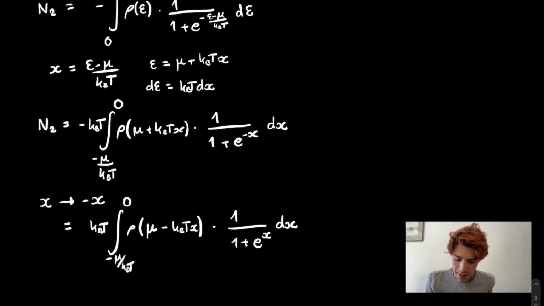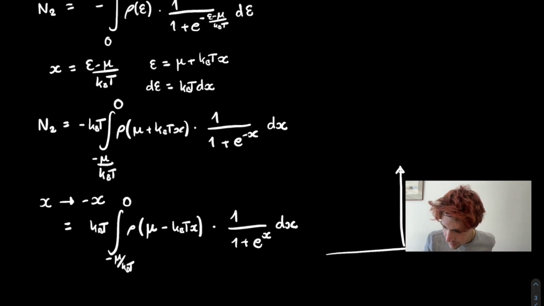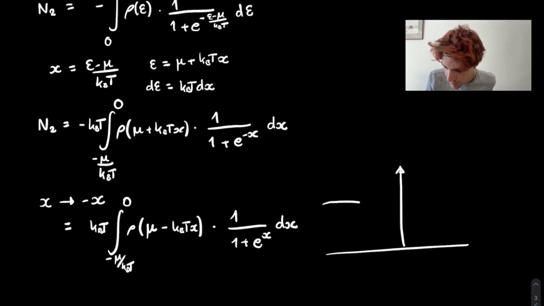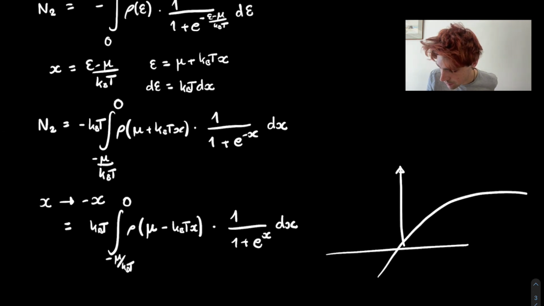Now, the integral between minus a number and 0, say you have a function right here from minus a number to 0. You can in fact rewrite this, as long as you flip the sign, as the same thing as this integral right here.